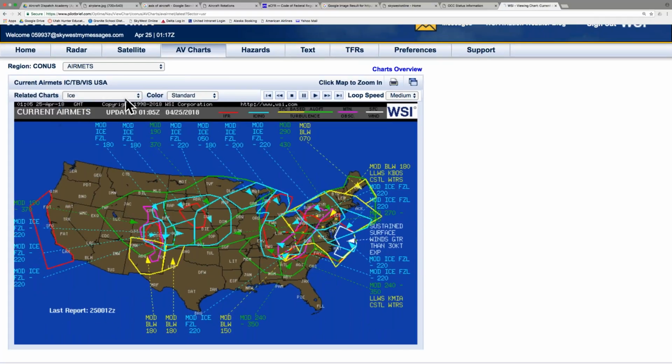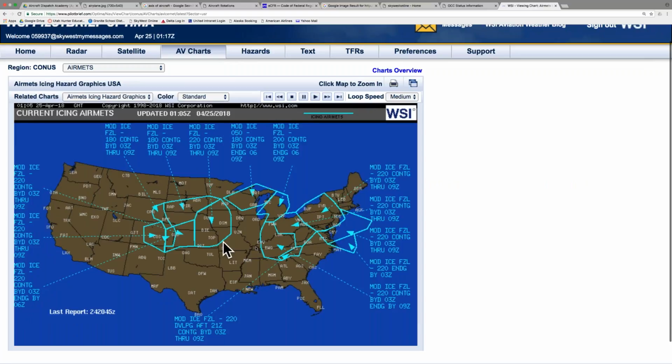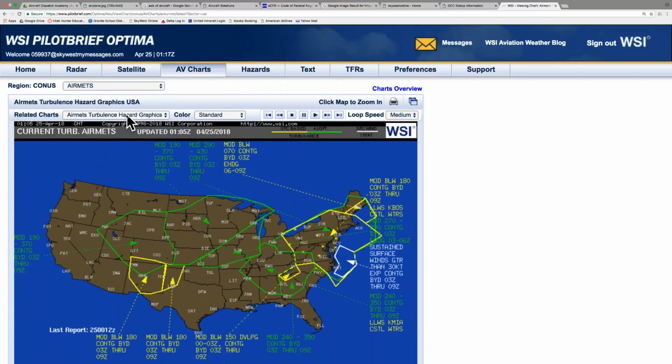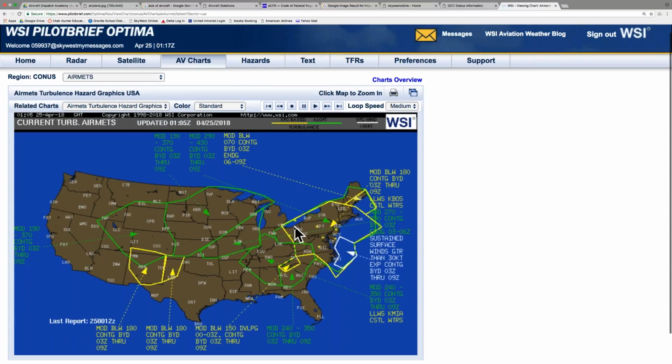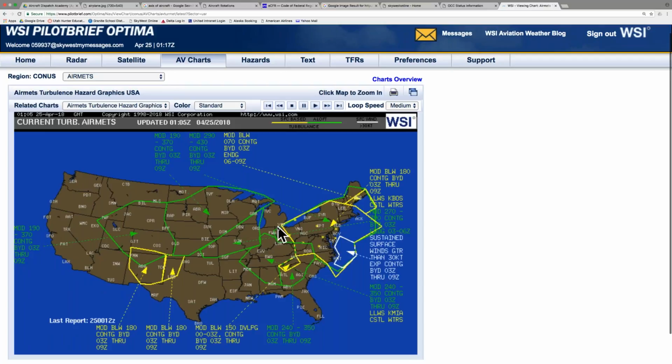This chart will show us things like where they expect icing to be happening. So ice is really bad for airplanes. And we're going to get into this stuff, like I said. But ice will dramatically affect the ability for an aircraft to even fly.